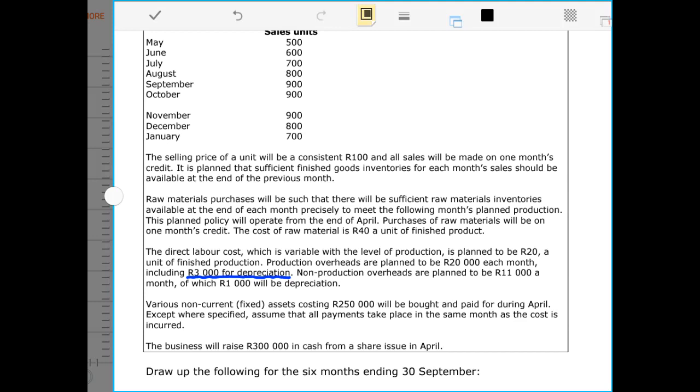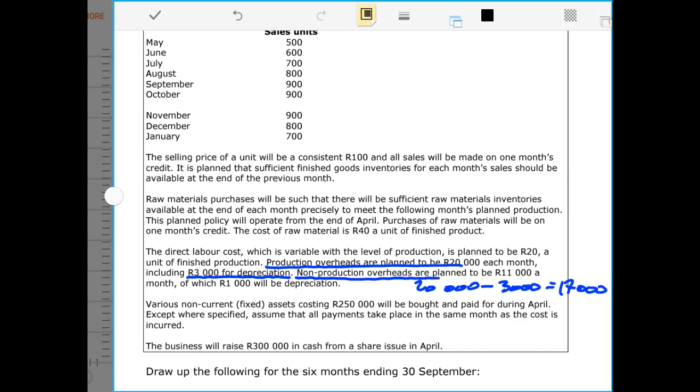It's because depreciation is a non-cash item, and we are only dealing with cash items or the inflow of cash and the outflow of cash when it comes to the cash budget. So now it means when we record the production overheads, we have to say 20,000 rands minus 3,000 rands. Then the production overheads for each month will be 17,000 rands until the end of the budget period.